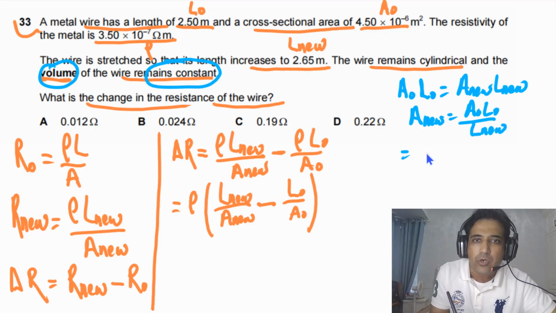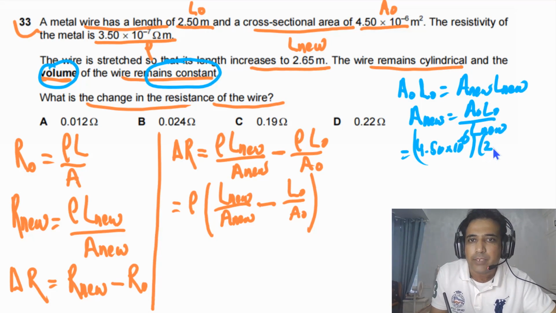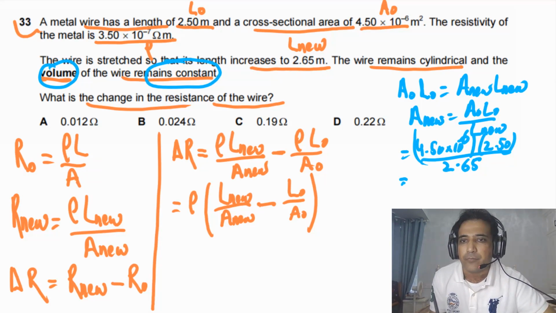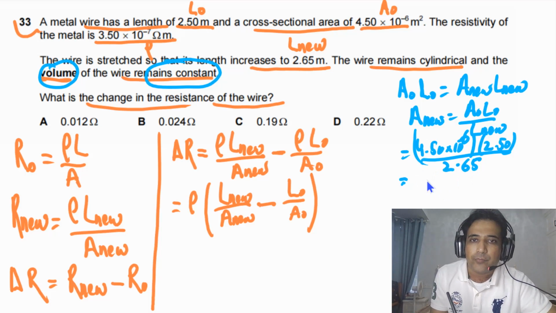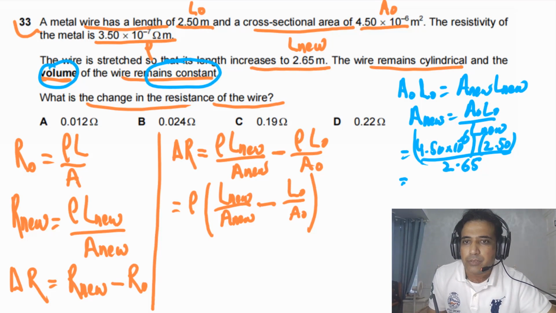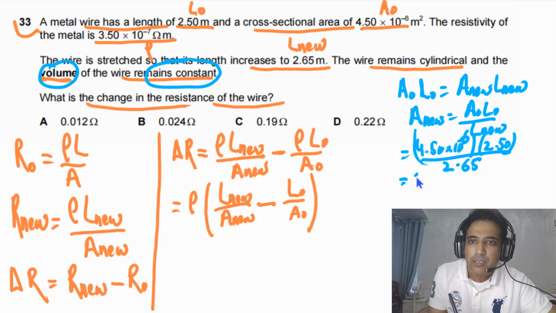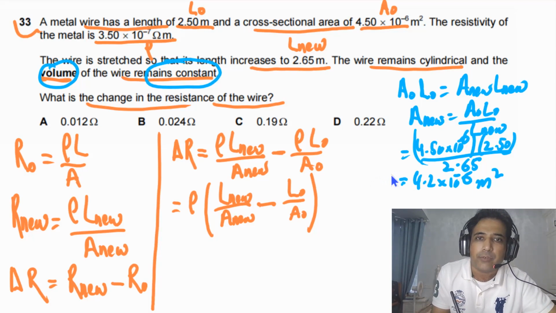We have A naught, that is 4.50 times 10 to minus 6, L naught is 2.50, and L new is 2.65. If we solve this one, we will get the final value of A new, which is 4.2 times 10 to minus 6 meters squared. So this is A new.